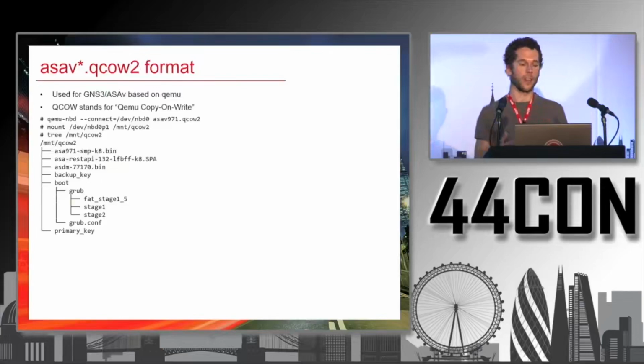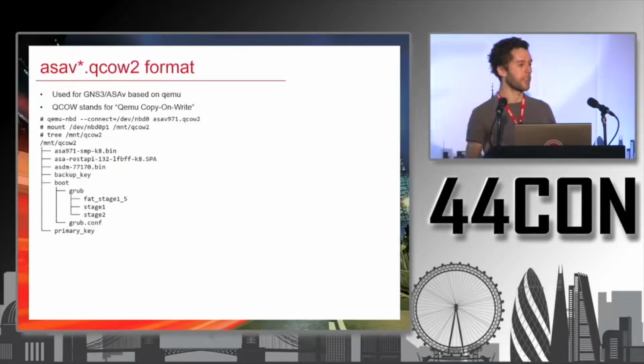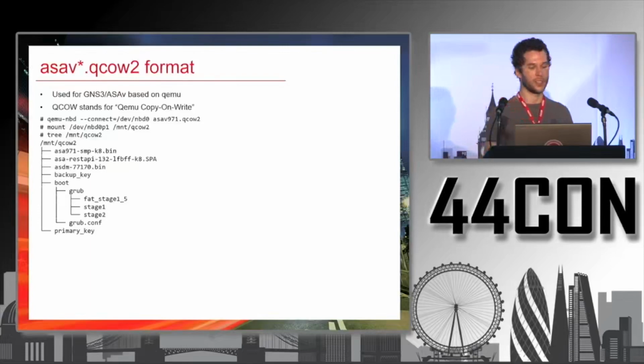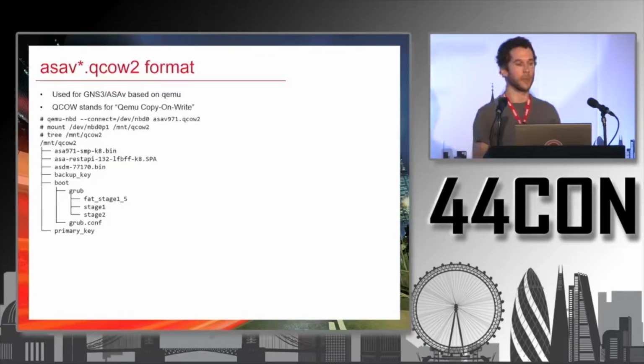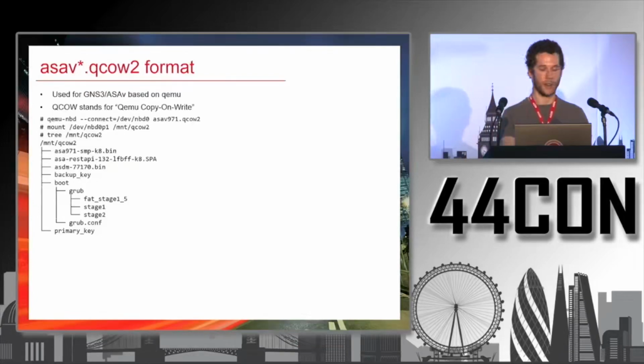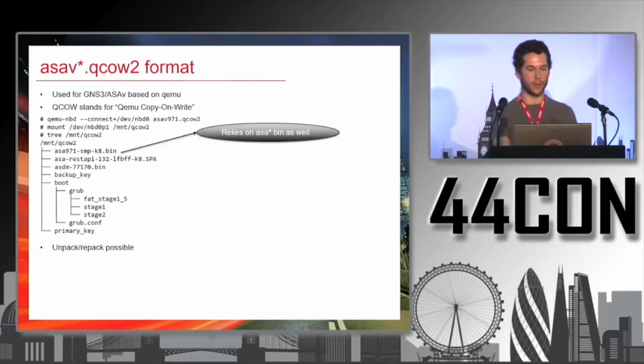So you basically connect the QCOW to a specific device, and then you can mount partitions. In this case, in the first partition, we can see that it contains several files, like grub, and it also contains an ASA.bin. So then we can come back to what we already knew, and everything applies. We are able to unpack and repack because we can mount the thing.